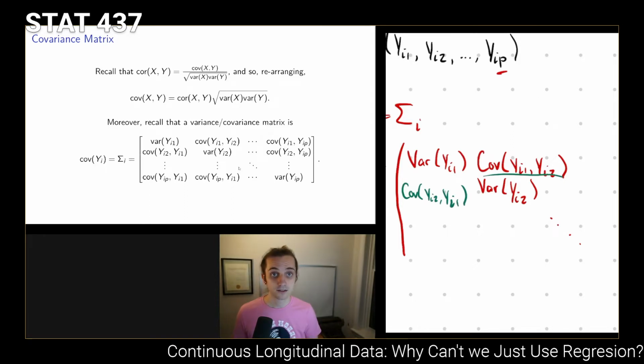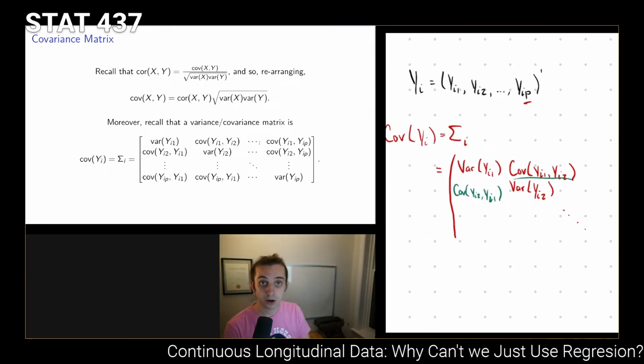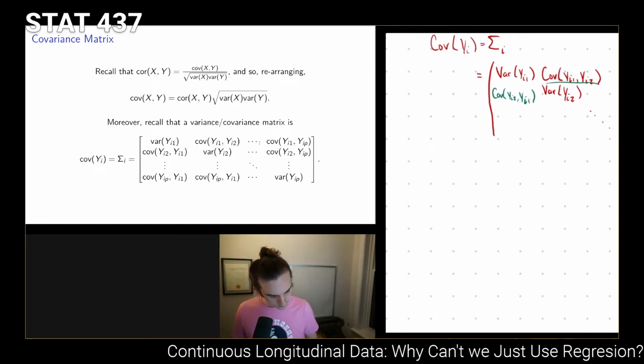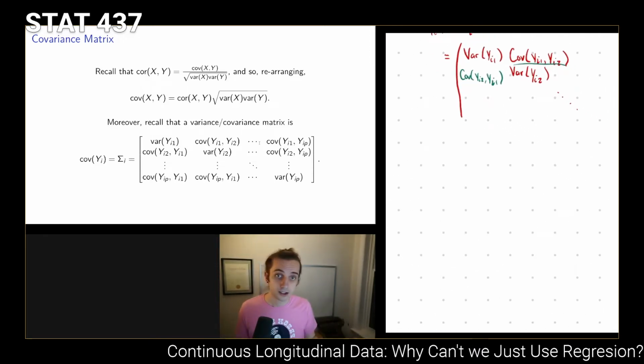And so you can fill out this whole matrix that we have written out over here. With this full covariance matrix, what we're saying is that any two components of our outcome vector are able to be related to one another based on this covariance matrix. Now, oftentimes when I've been talking about the relationship, I haven't been talking about it as covariance, I've been talking about it as correlation.